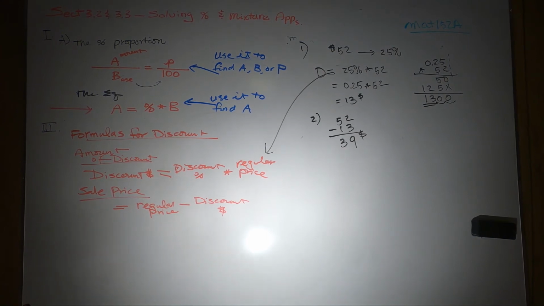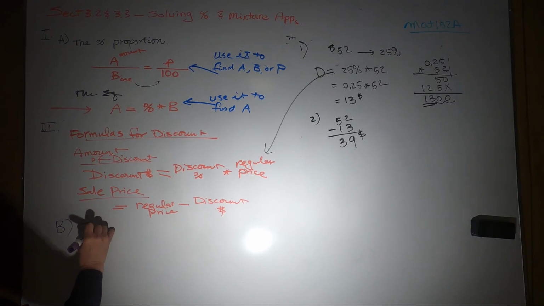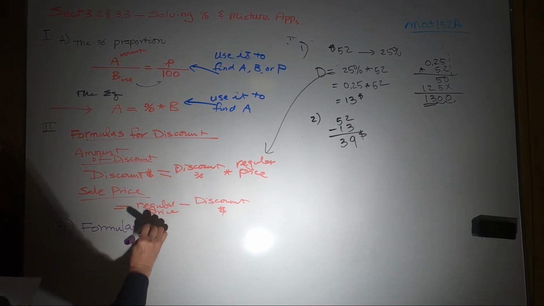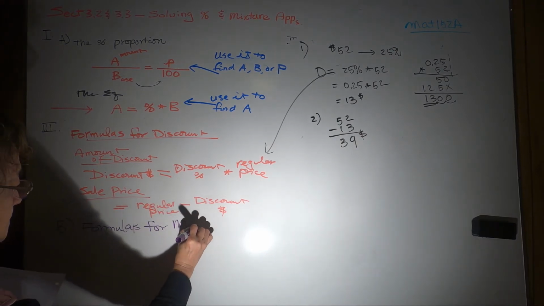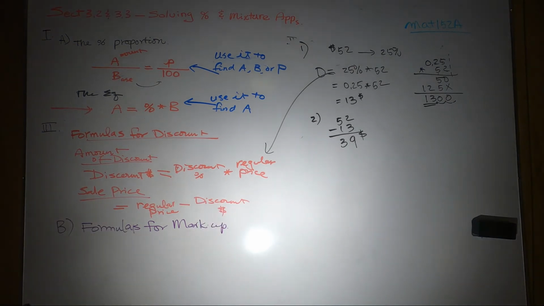And how about markup? What is the formula for markup? Say you have a boutique or a bookstore, and an item comes in at $100 as a wholesale price.